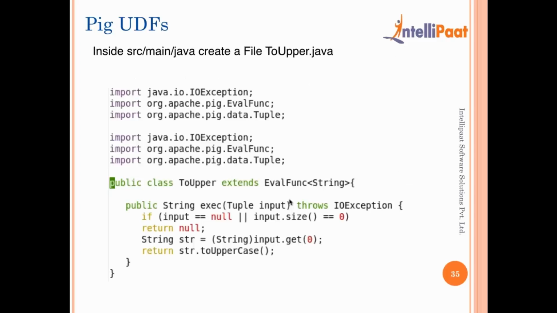See, when you write your code like this, you import org.apache.pig.EvalFunc or data.Tuple, something like that. These are classes which were written by somebody else and you are going to use them. To use them, you either download all the jars which have these classes and put them into your classpath, or you can use build tools like Ant, Maven or Gradle, which download all these files and put them into your classpath.